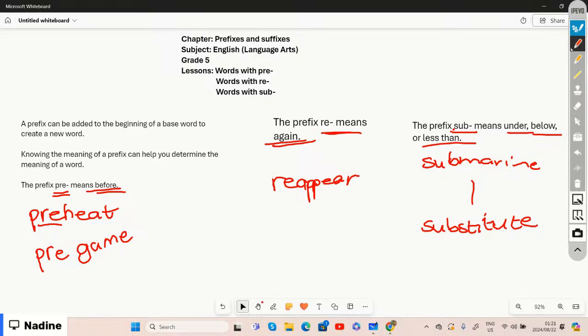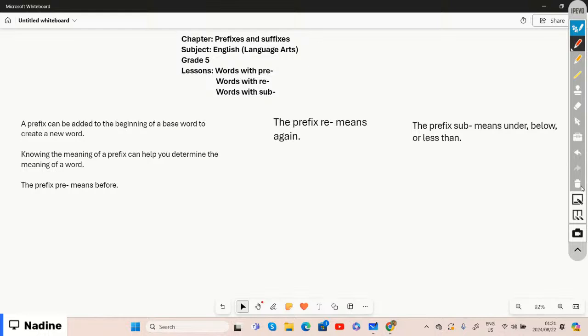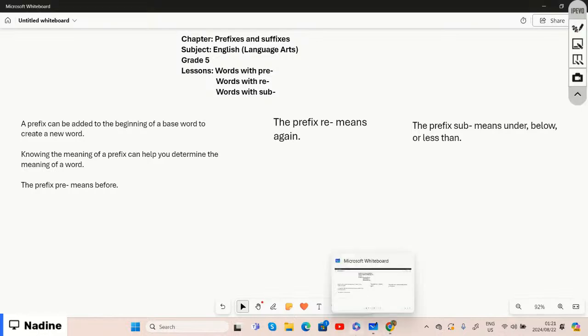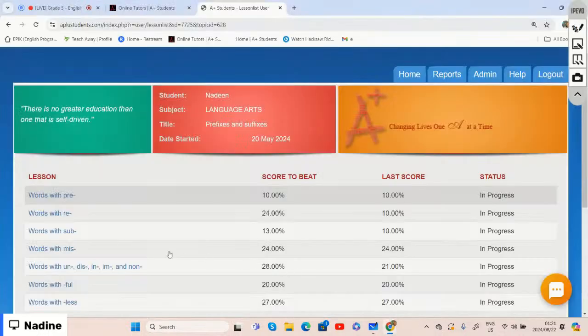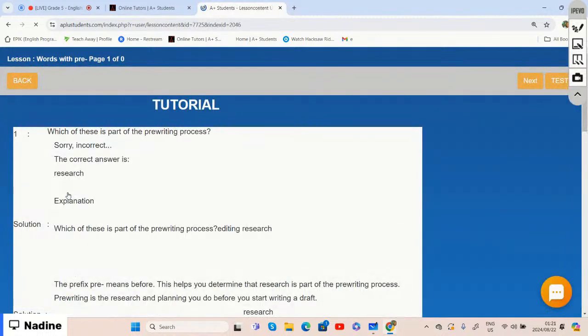All right, so now we're going to aplusstudents.ca, and we're going to do words with pre. And remember, we said pre means before, right? Again, knowing the meaning of a prefix will help you to know the meaning of that specific word.